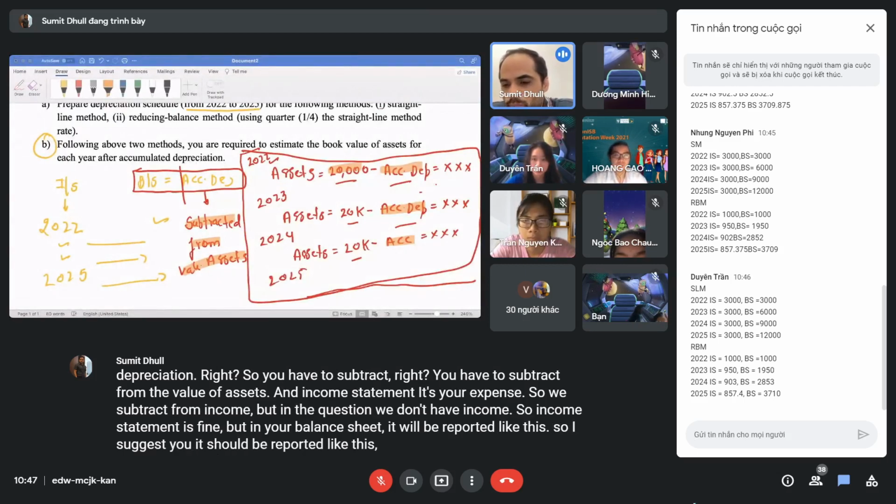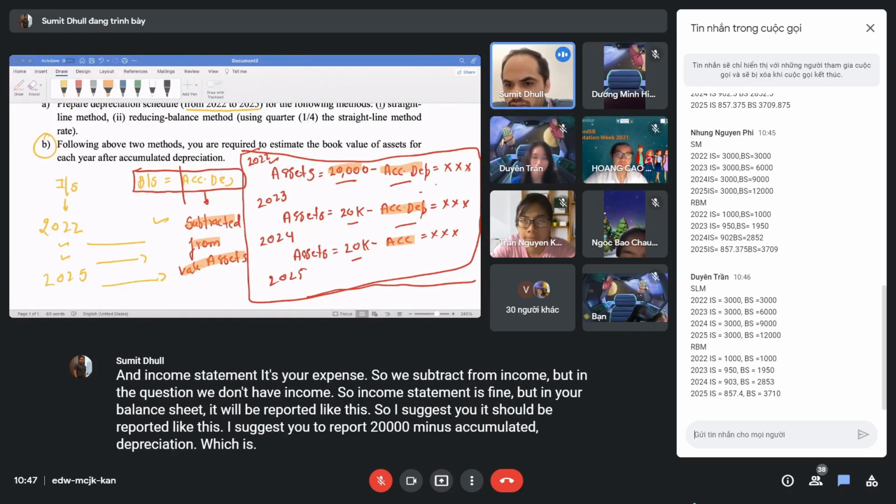I suggest you report 20,000 minus accumulated depreciation, which for the straight line method is 3,000.